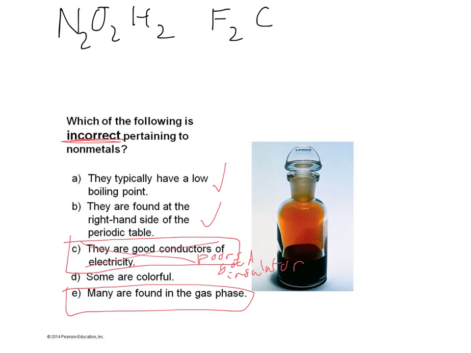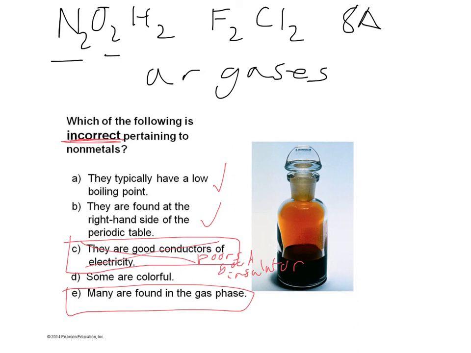Remember that fluorine, chlorine, and group 8A elements are gases. Your nitrogen, your oxygen, your hydrogen, your fluorine, and your chlorine specifically are what is known as diatomic gases, meaning in their natural state, nitrogen loves itself so much it forms a molecule with itself of 2 nitrogen atoms.